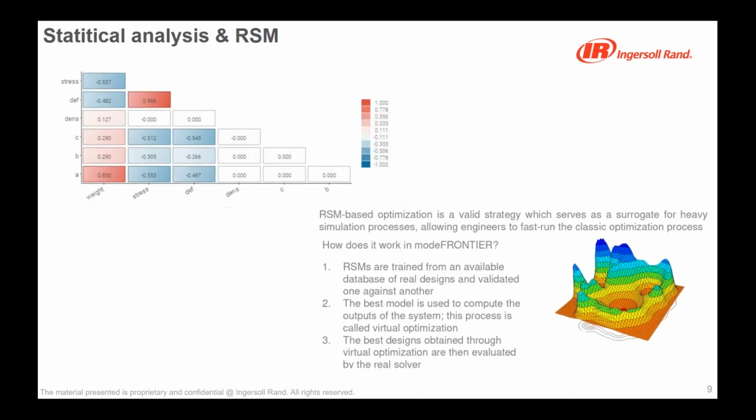So just a small deep look into the statistical analysis and the response surface methods. That's just a representation of what I've said. Top left, you can see an extract from a run where you can appreciate how much the variables and parameters that are involved in the calculation are impacting each other.